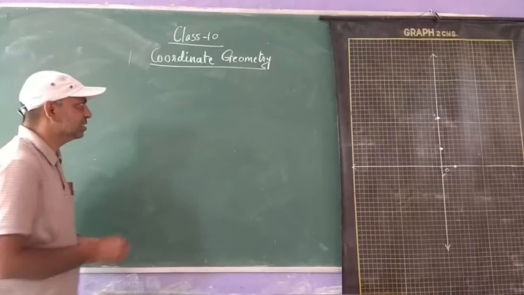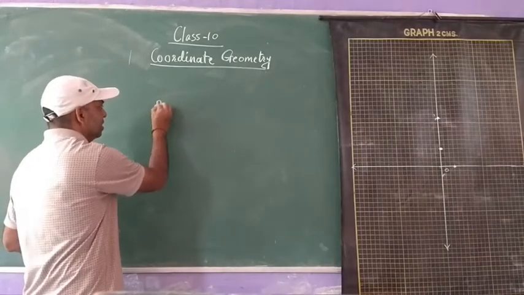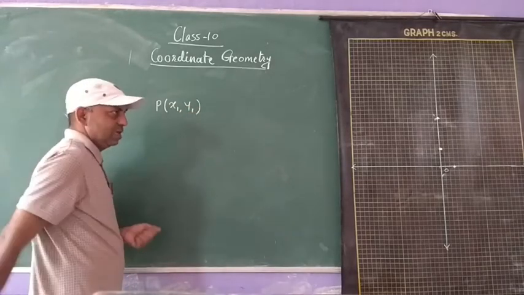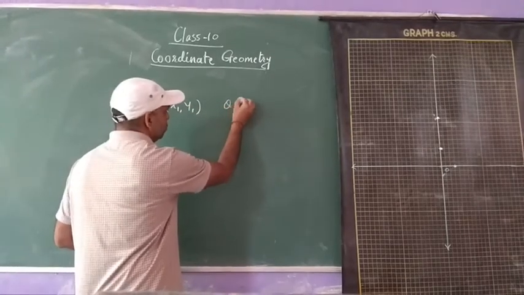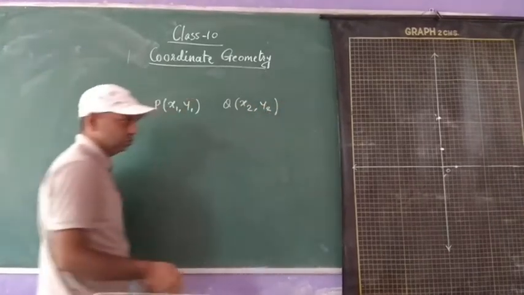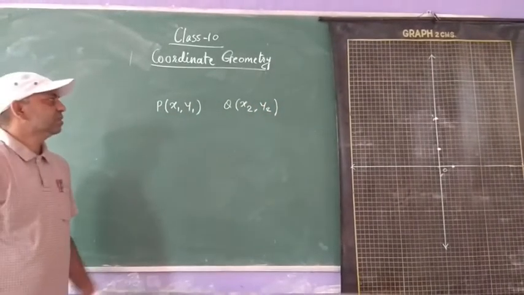Let's consider one point P having coordinates (x1, y1), and another point Q having coordinates (x2, y2).